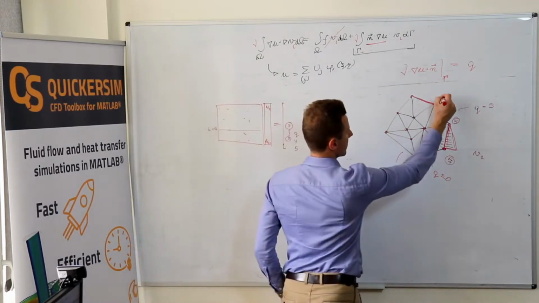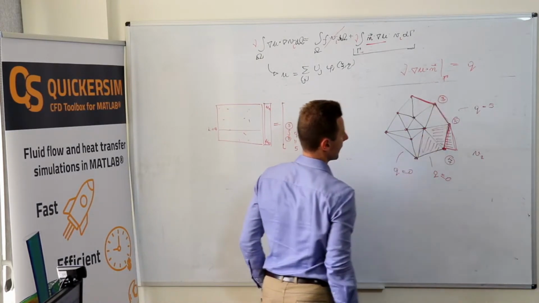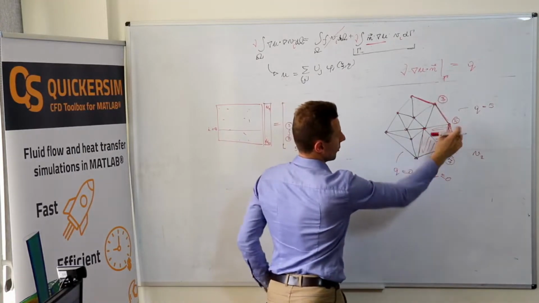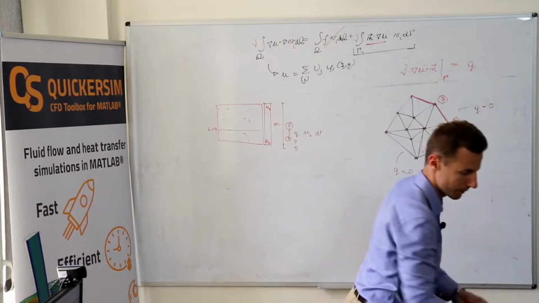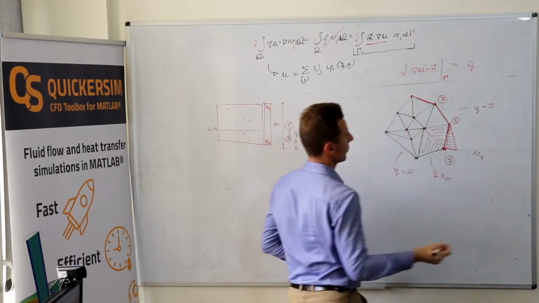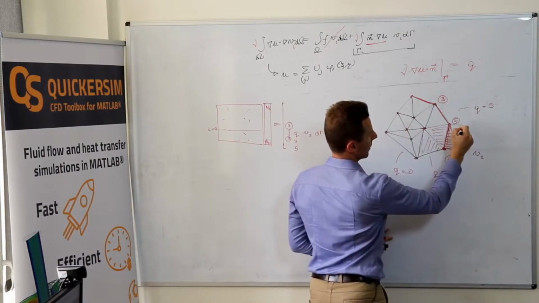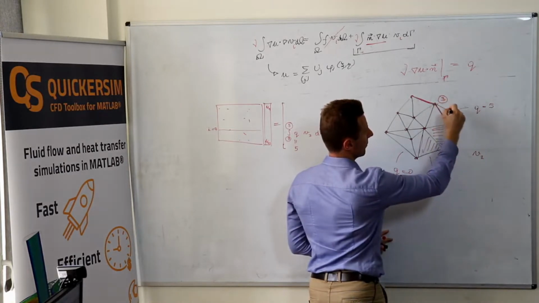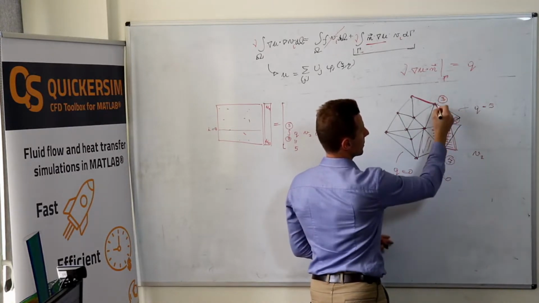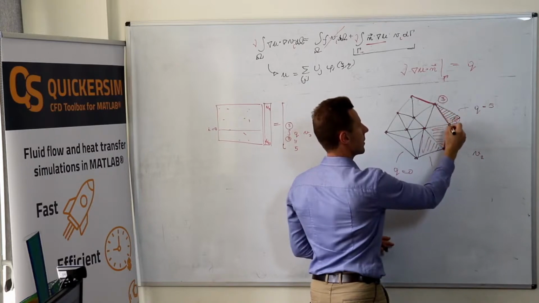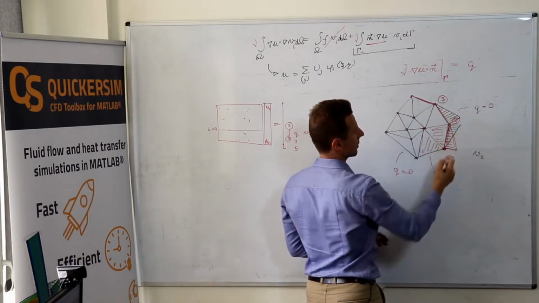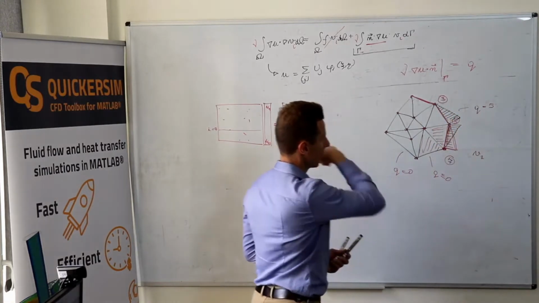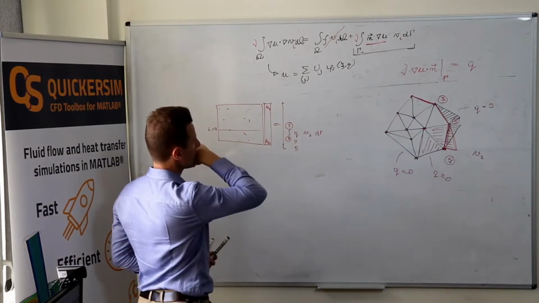What comes next? Let's say this node is 3. So already here, when we need to assemble this one, then the shape function, the fifth one, gives contribution here.